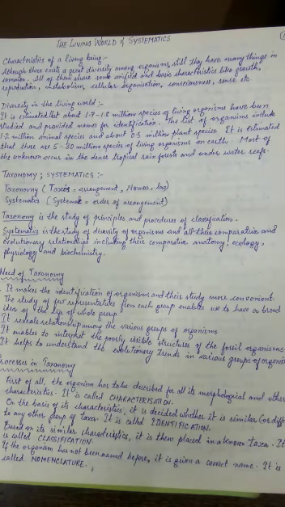We learned in the last class that living organisms are characterized by certain features. For example, metabolism, which includes the catabolic as well as the anabolic reactions. Another characteristic of the living organism is growth and development, and it can be intrinsic growth or extrinsic growth.